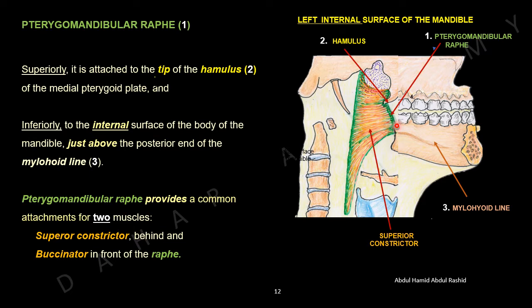The pterygomandibular raphe provides common attachment for two muscles. Posteriorly is the superior constrictor muscle and anteriorly is the buccinator muscle. These two muscles originate from the pterygomandibular raphe.